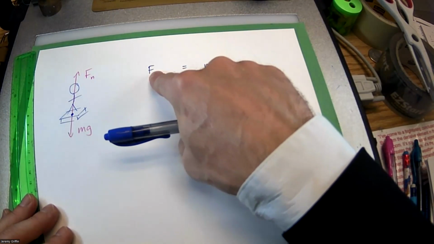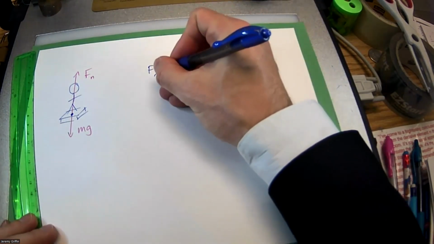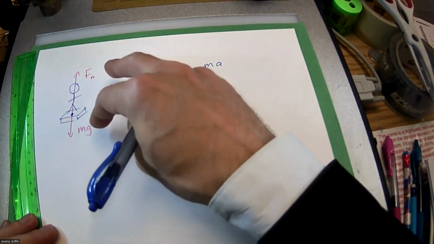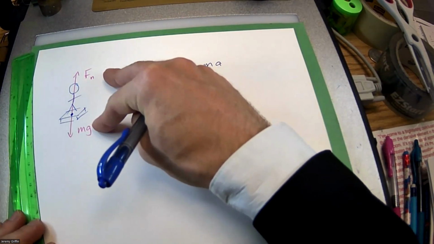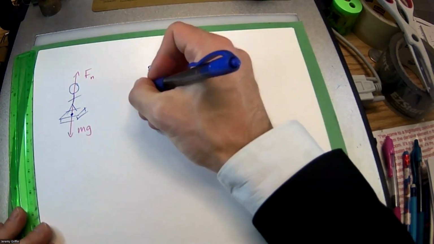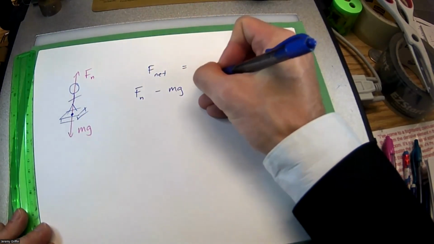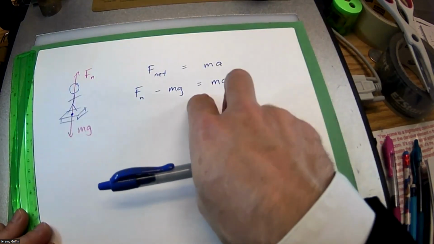This F refers to the net force. And what is the net force? The difference between those two. So we have the normal force up minus the weight down, and it's going to result in mass times acceleration.